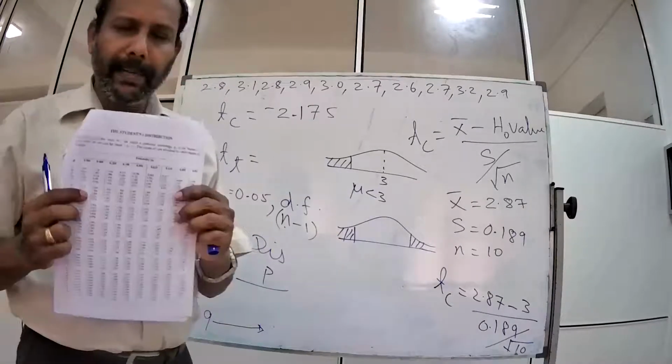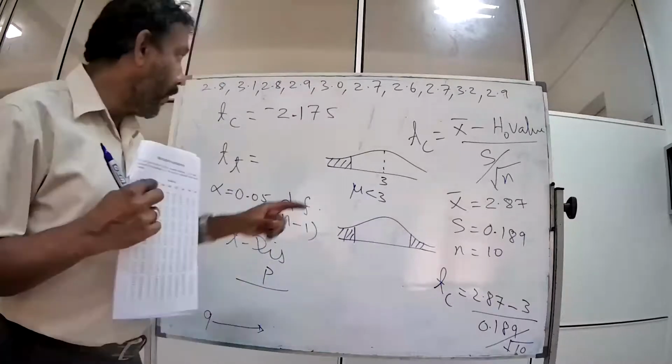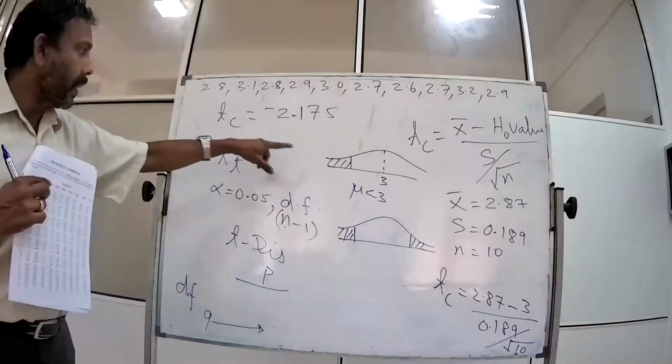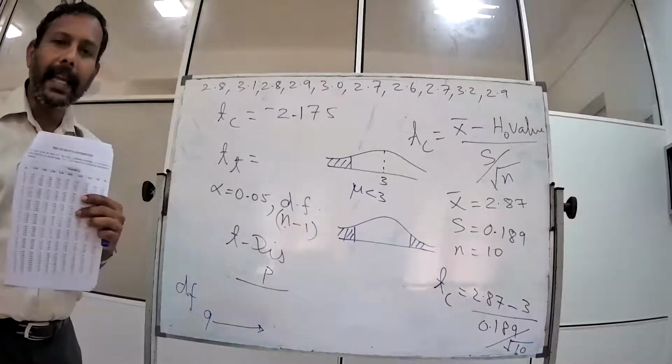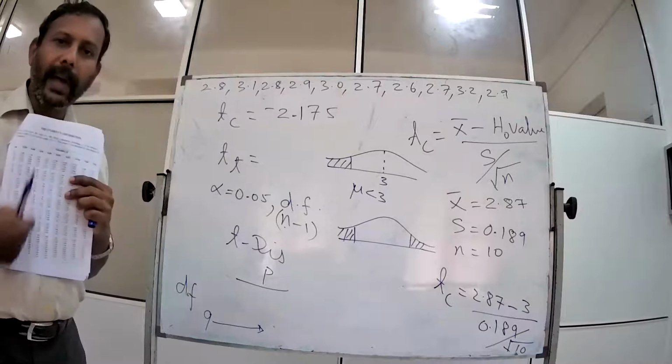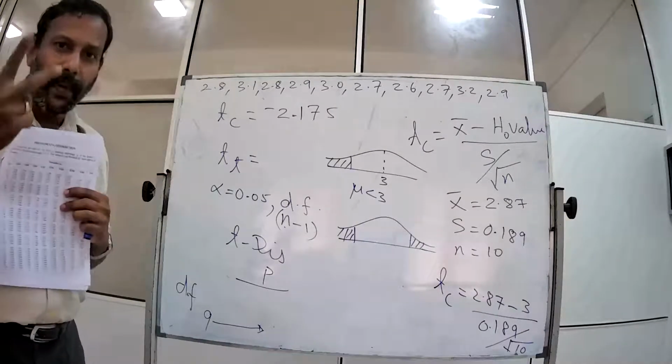If you are looking at a one-tailed situation, as we have here, we'll have to multiply the alpha value and look at this table, because this table is designed for two-tailed.